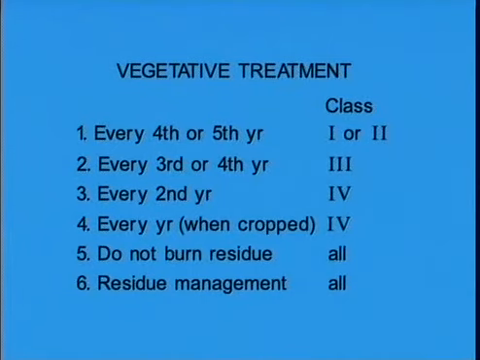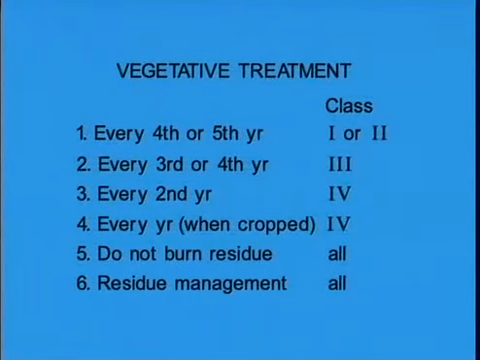If we look at our manual, under the vegetative management factor, on page 22, it says for cropland use, class 1 through 4 land, use soil conserving crops and/or soil improving crops. Every 4th or 5th year is for class 1 and 2 land. Every 3rd or 4th year is for class 3 land.